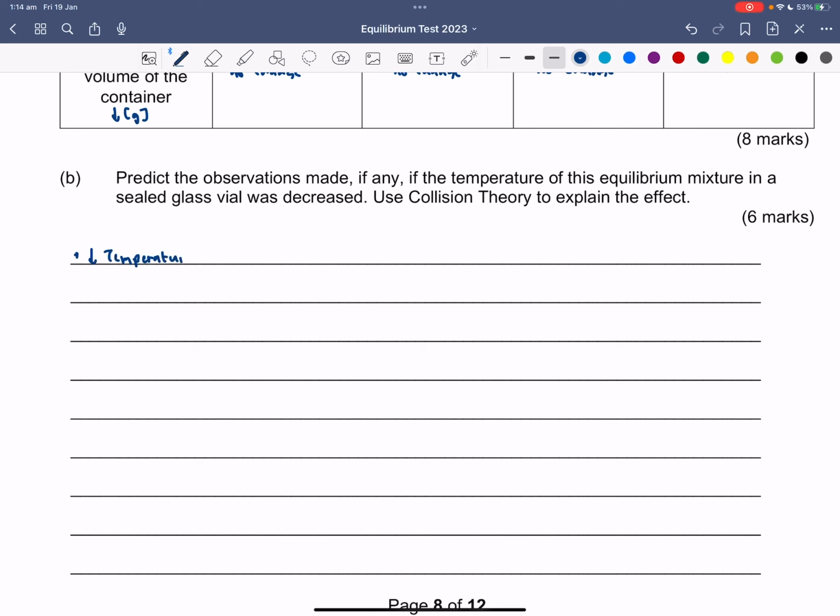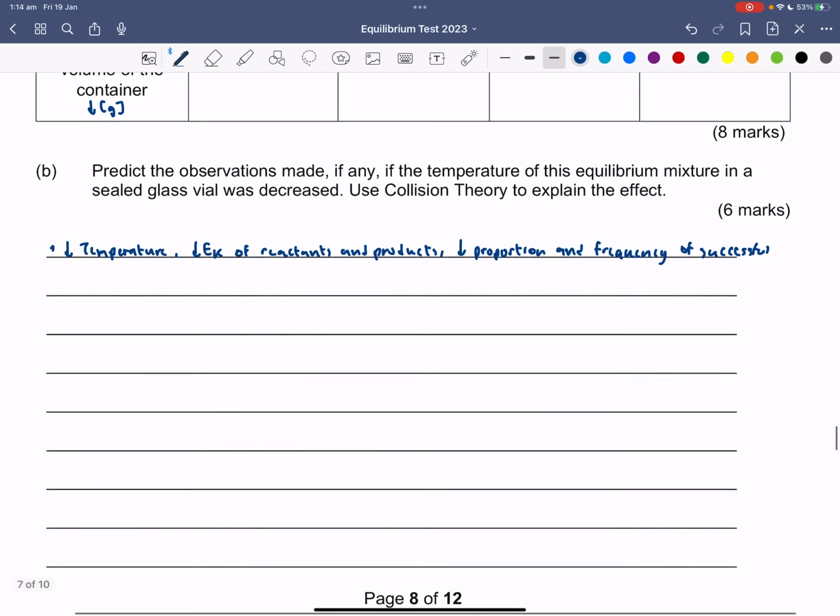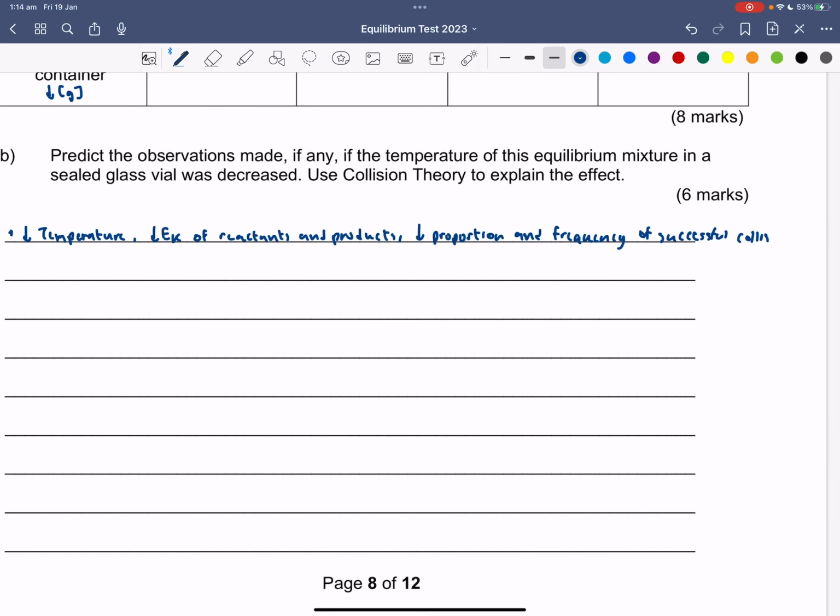A decrease in temperature causes a decrease in the kinetic energy of all the reactant and product particles, which causes a decrease in the proportion and frequency of successful collisions. I'm only writing so much because it's worth 6 marks, which causes a decrease in the rate of reaction.